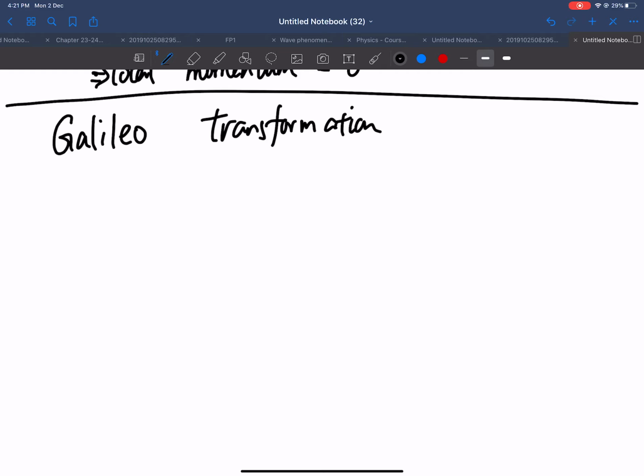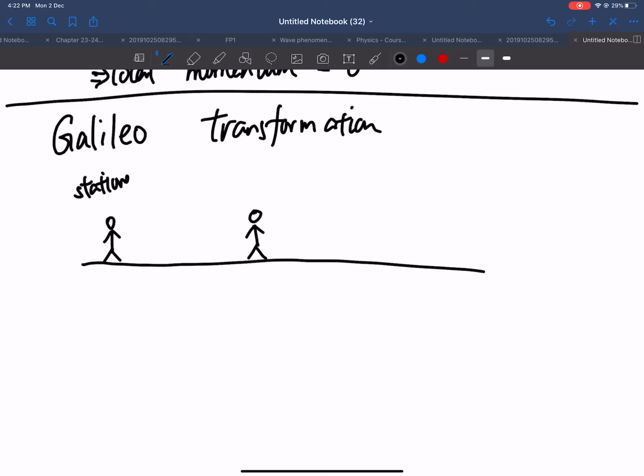Now just say here are 2 men. The left hand side one, A, is stationary. B is moving with constant velocity, let's say u.